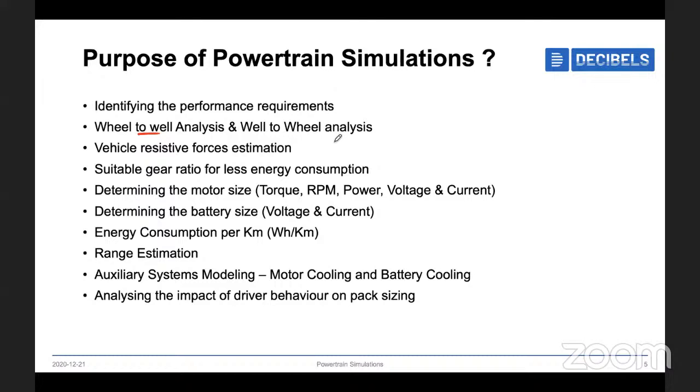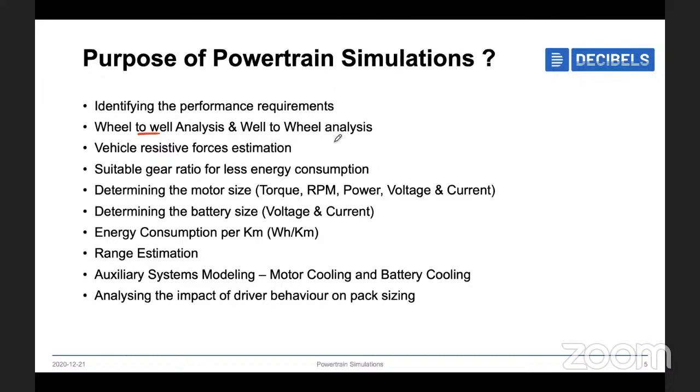The third one is estimating the vehicle resistive forces. There are different types of resistive forces acting on the vehicle, and these are the main reason for the consumption of more energy, or for you standing somewhere in the queue when you're going for the race events.